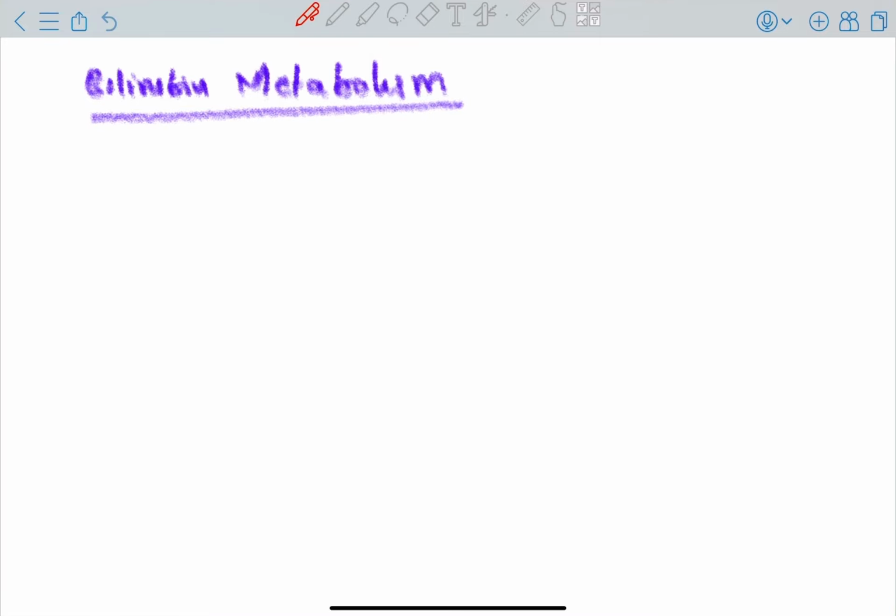So we'll be studying the bilirubin metabolism. Basically, we have three steps in the bilirubin metabolism: step number 1, number 2, and step number 3. First step is the uptake of unconjugated bilirubin in the liver cells, that is the hepatocytes.